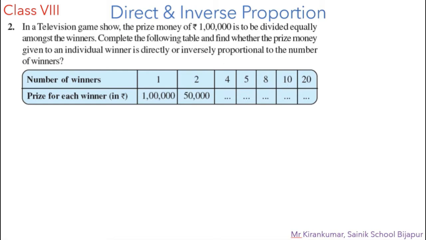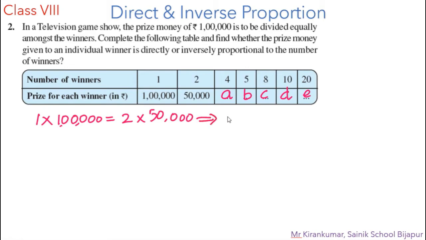For instance, if I consider these to be A, B, C, D, and E respectively, if you observe here, 1 into 1 lakh is equal to 2 times 50,000.